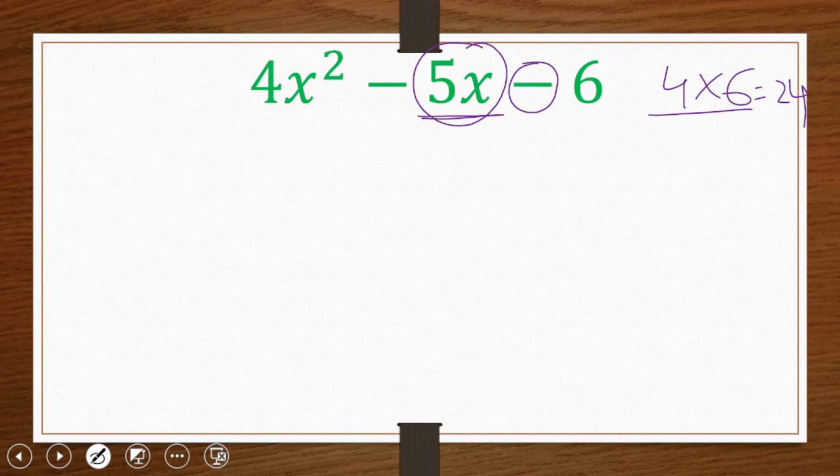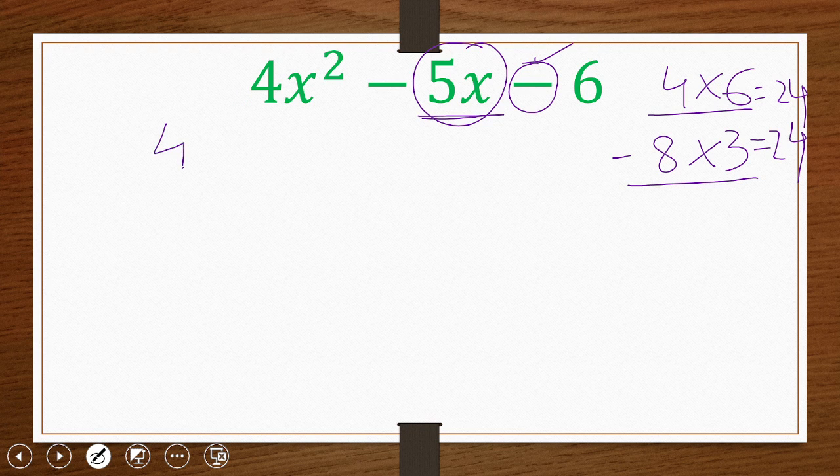So I have to split the number 24, I can write it as 8 into 3. That is 24, and I have to perform a minus, so I will take a minus over here.